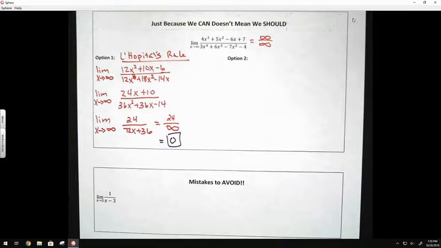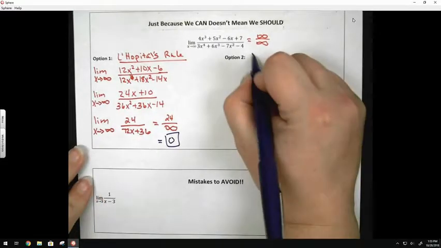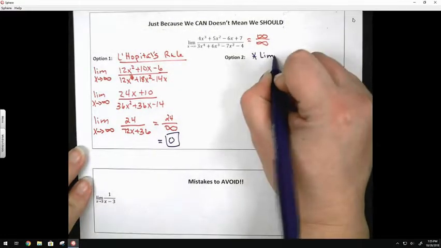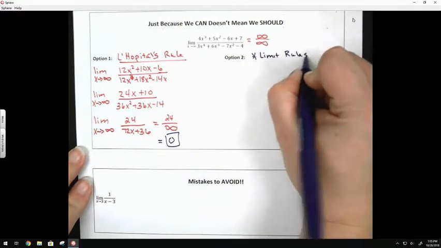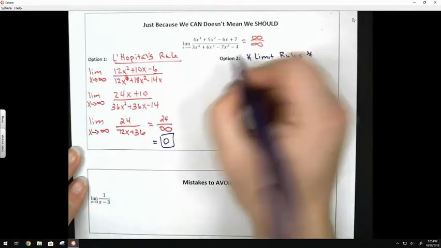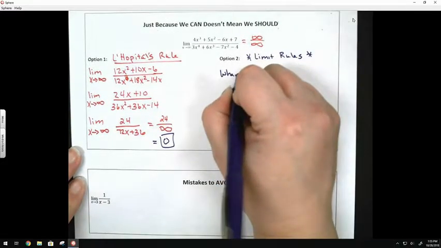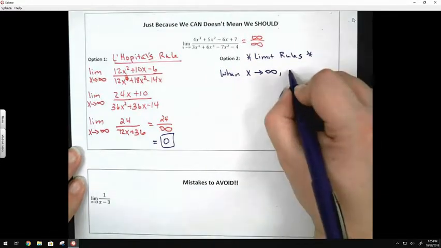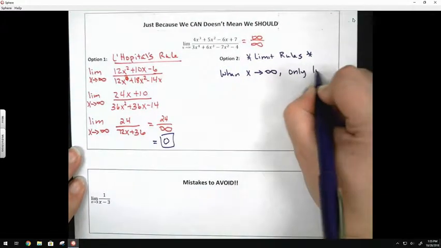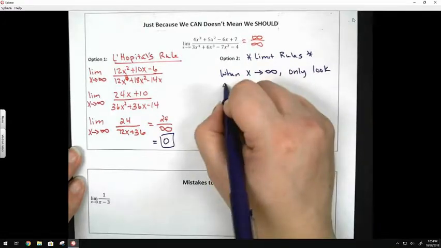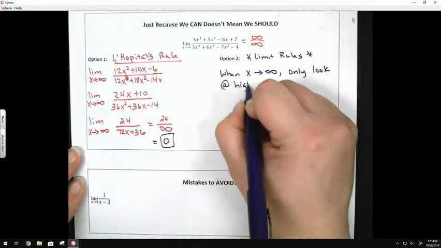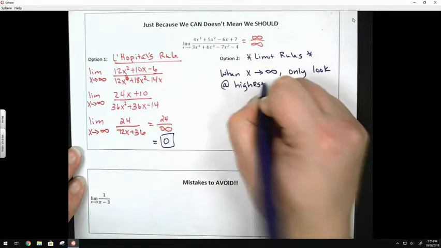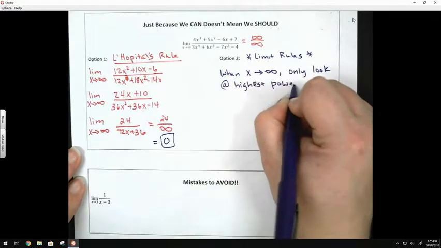But let me remind you that we learned about limit rules back in chapter 1. When x approaches infinity, we only need to look at the highest powers, and think about the end behavior.